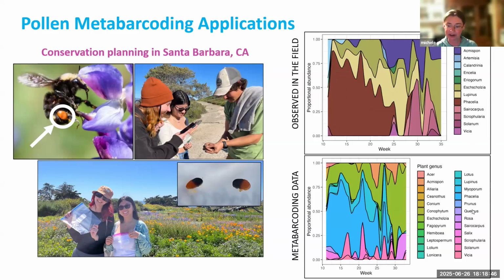But the metabarcoding uncovered a whole other group of plants that they had no idea about. There's only so much manpower in the world. You're not going to run out and chase down every bumblebee you see, right? My daughter would try it, but I don't recommend it if you're trying to put your time and effort into research. But it's interesting to see how much more they were able to discover that the bees were actually visiting. So that's another really interesting application.